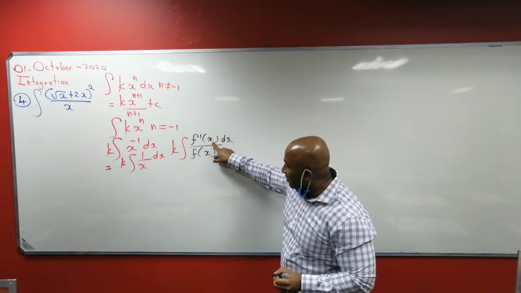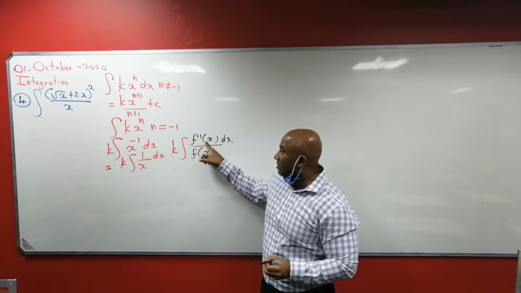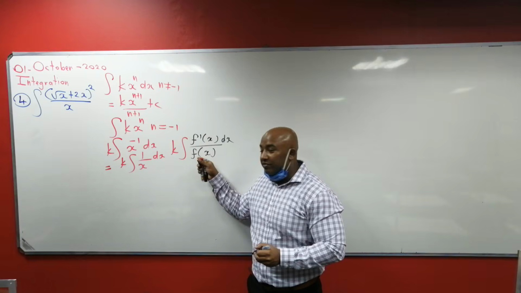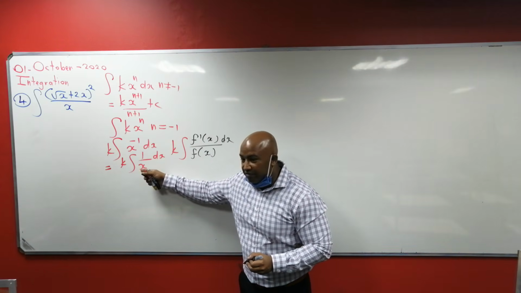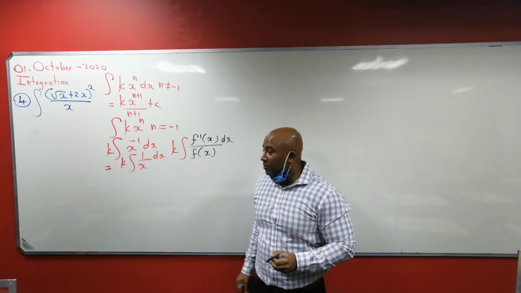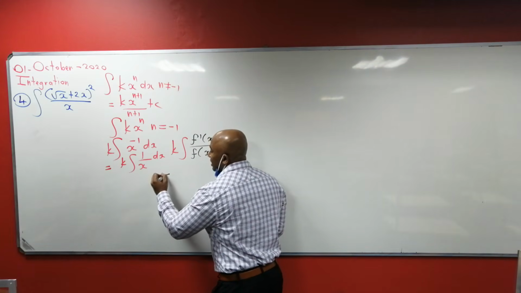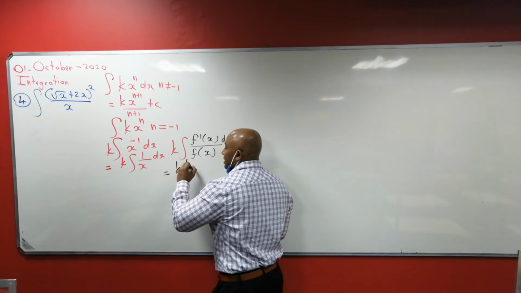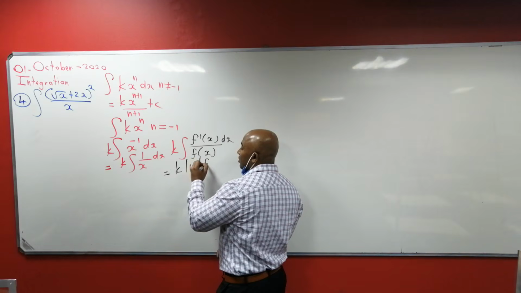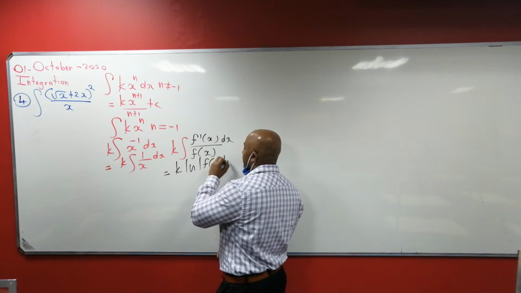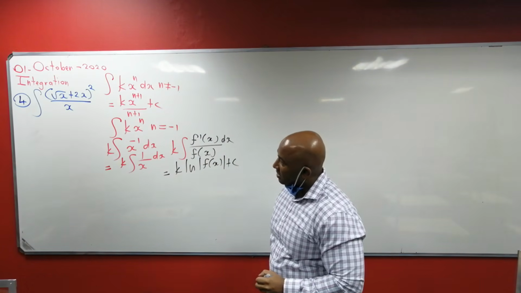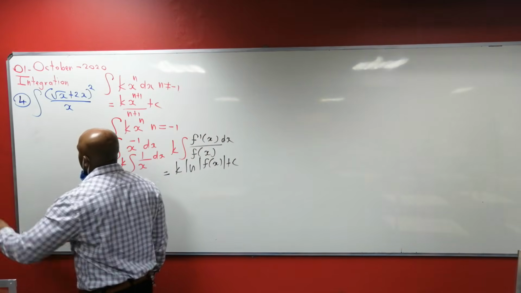The numerator is 1. Where did that 1 come from? It's actually the derivative of the denominator. So the first derivative of x here is 1. So in this situation, the answer will always be natural log, or ln, absolute value of the denominator, plus c.